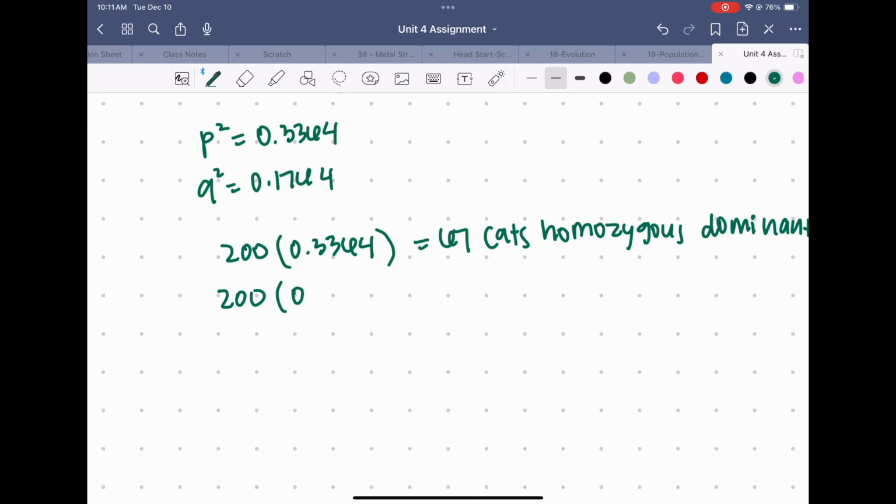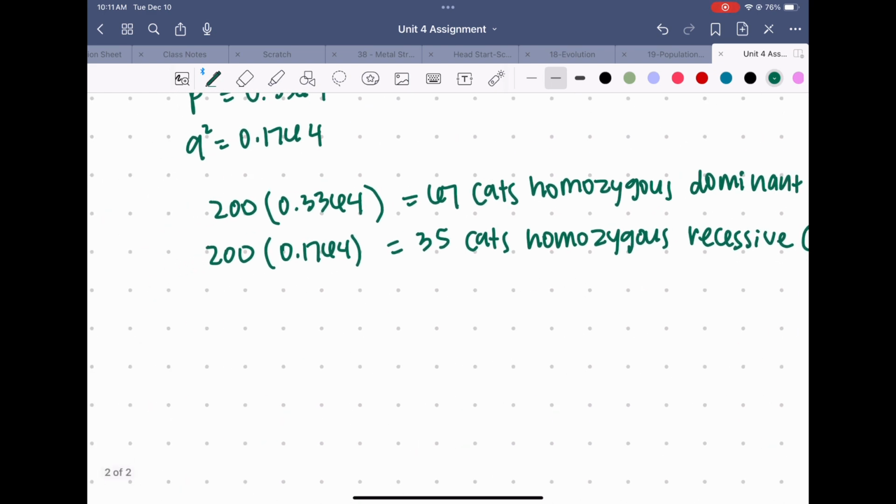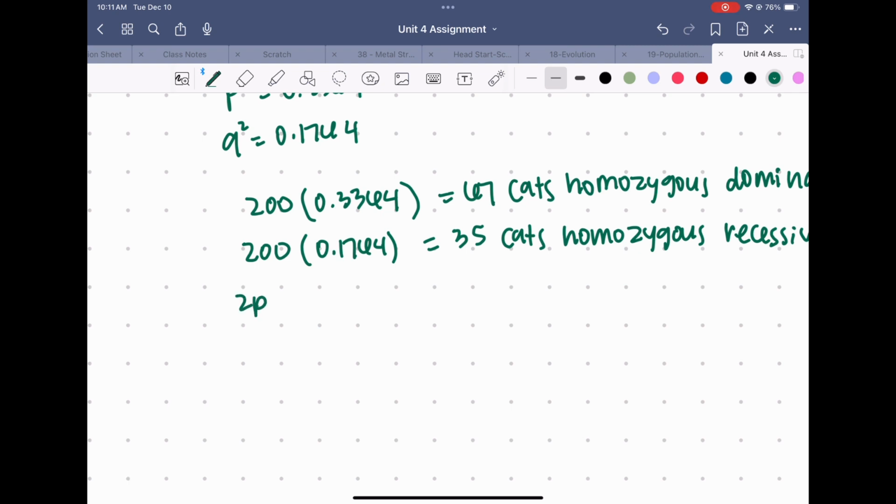Then we can figure out how many homozygous recessive we have. And we actually already know that. This one comes out to 35 cats are homozygous recessive. And then to find our heterozygous, we do 2PQ.